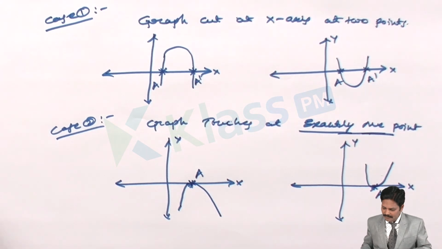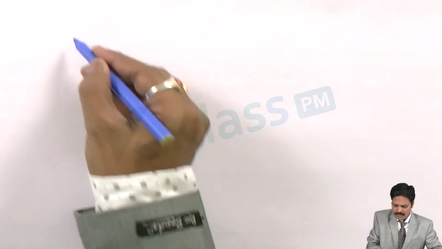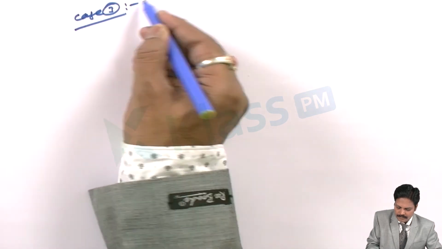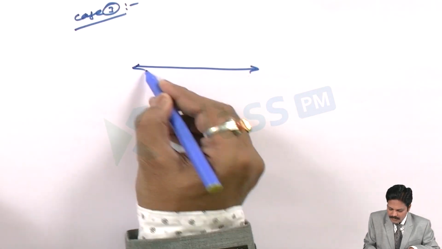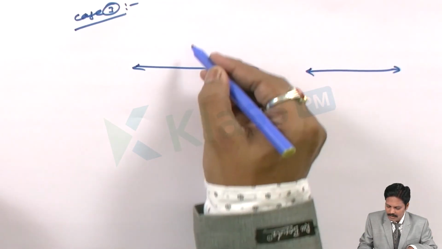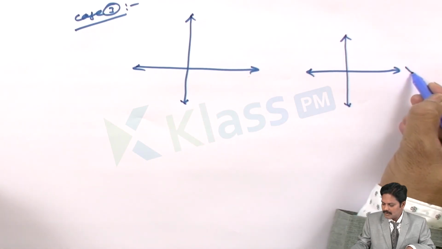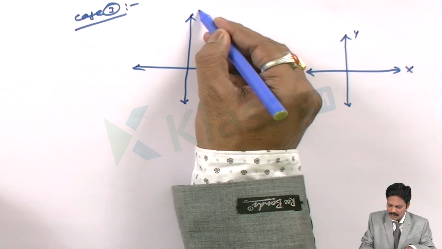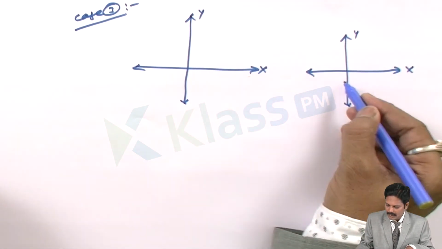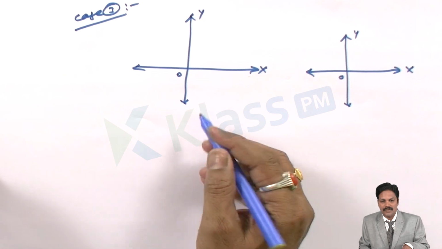And we have one more case here, case 3. I'm considering the same parabolas to represent the graph. Here it is x and y, and we know very well this is the origin.